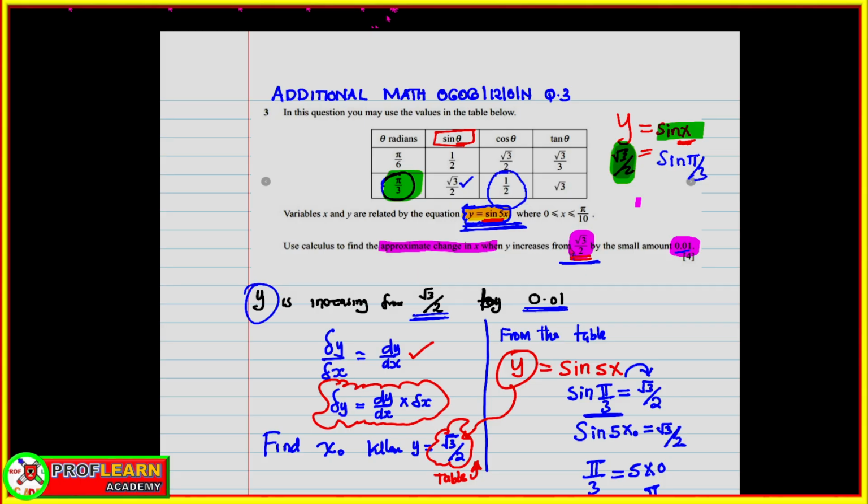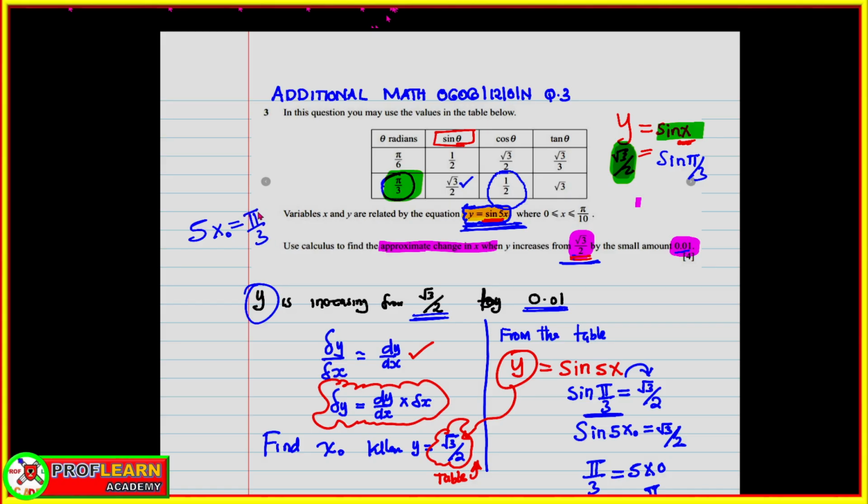Now once you've had that, you go back to the original equation. This is sine 5x, so already we have 5 times x. That's when we are going to get root 3 over 2. So what should we have here? We should be having pi over 3, so that sine is going to be root 3 over 2. So 5 times a given angle, we must get pi over 3.